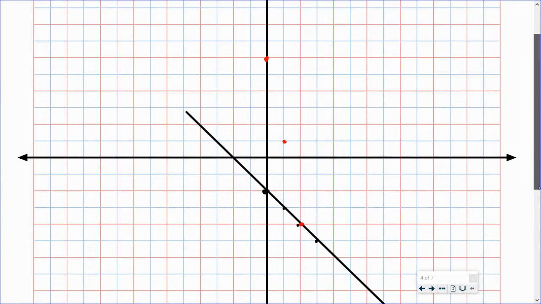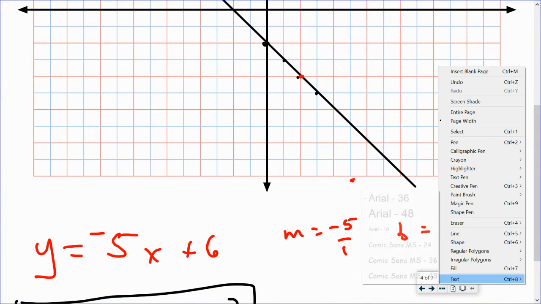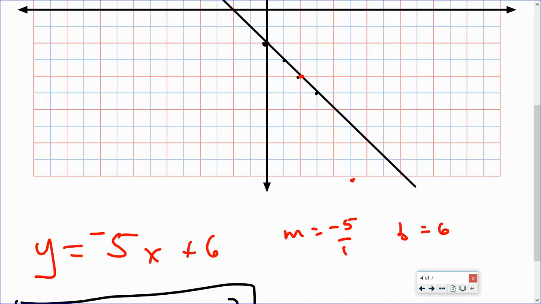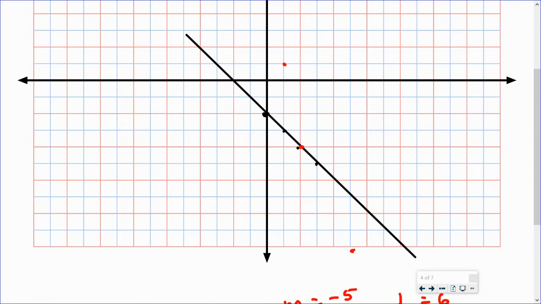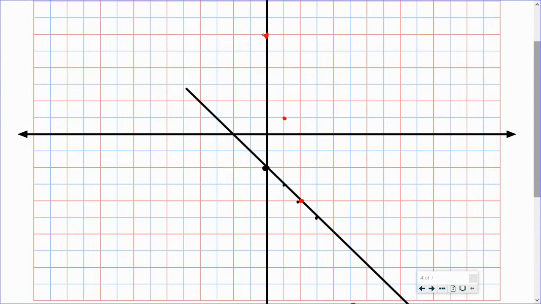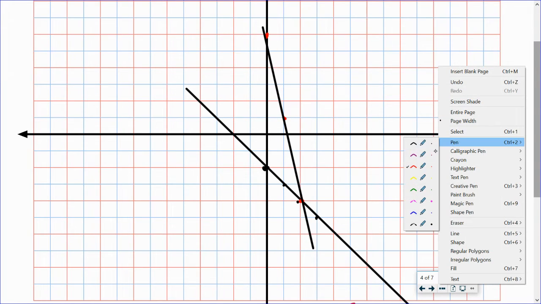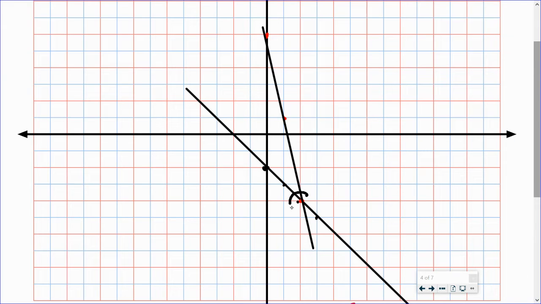Hey, there's the intersection point. So now let's draw this line. There we go. So now I found out these two intersect right here at an ordered pair of 2 and -4.